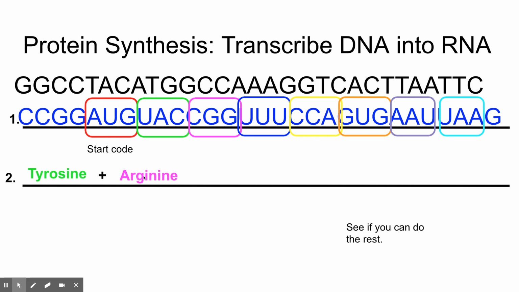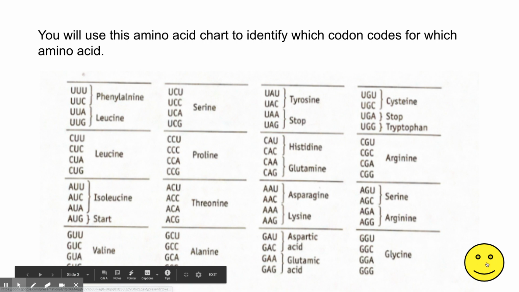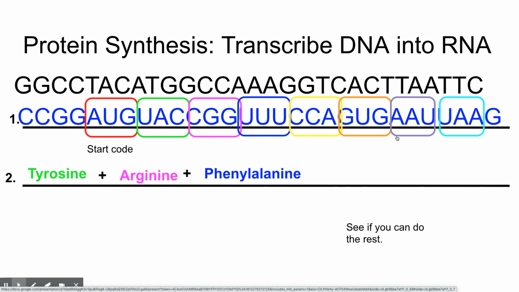So tyrosine plus arginine. Tyrosine's first, then arginine. Then you're going to look up the UUU, phenylalanine, however you want to pronounce it. So again, you write that. Now see if you can figure out the others until you get to a stop codon.